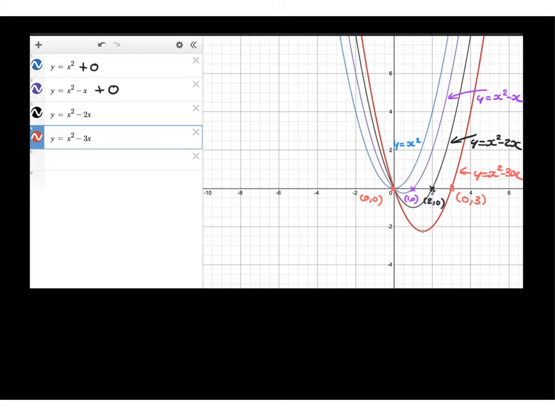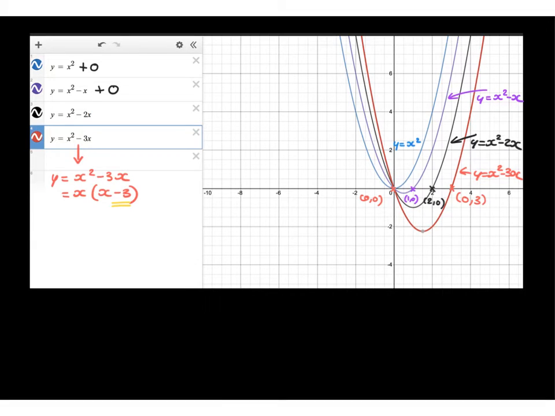Now, I suggested as a bit of an extension activity that you could see what happens when you try factorizing these graph equations. So y equals x squared minus 3x. If you factorize this, you get x bracket x minus 3. Now, it's interesting then that the graph crosses the x-axis at 3.